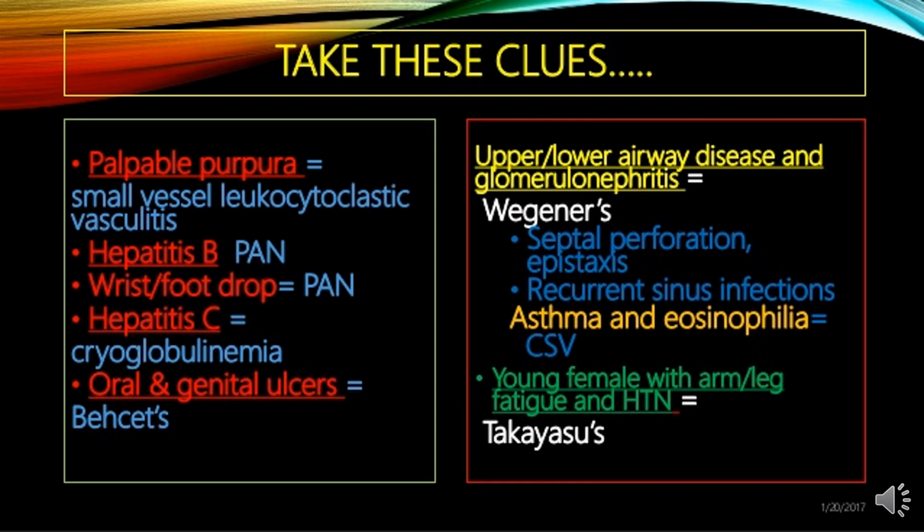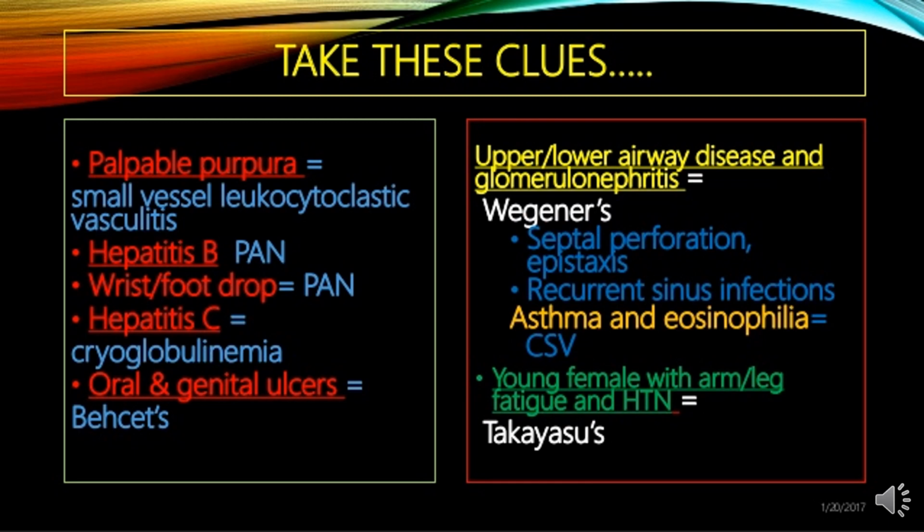There are some diagnostic clues for systemic vasculitis. Palpable purpura is specific for small vessel leukocytoclastic vasculitis. Hepatitis B virus is associated with polyarteritis nodosa, hepatitis C virus with cryoglobulinemia. Wrist or foot drop due to mononeuritis multiplex is associated with polyarteritis nodosa or eosinophilic granulomatosis with polyangiitis.